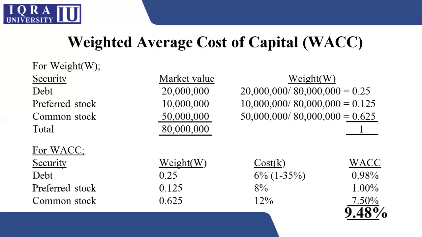So if I say that the cost of capital is 9.48, it means that if the firm is able to invest in any project which gives more than 9.48 return, then that project will be profitable from the firm's perspective. And if a project's return is less than 9.48%, then that project will not be feasible for the firm to invest in.